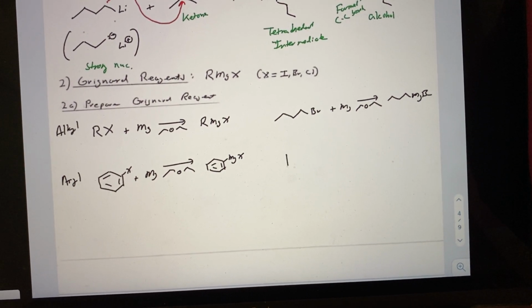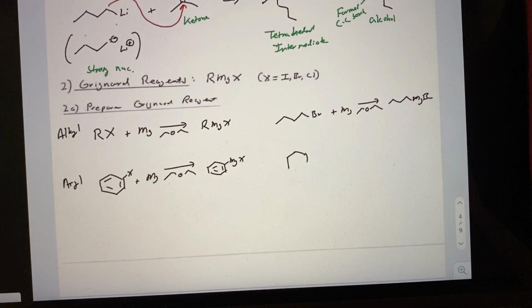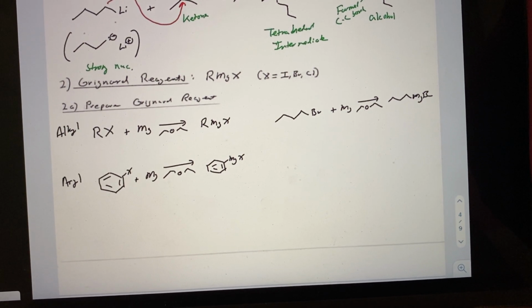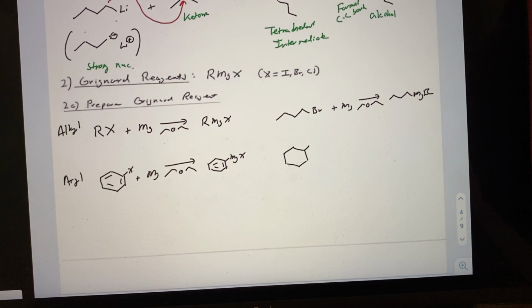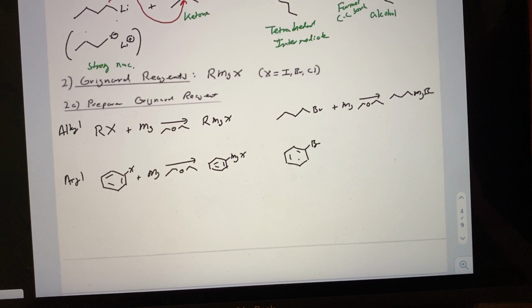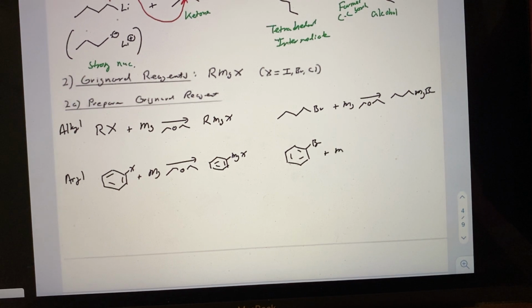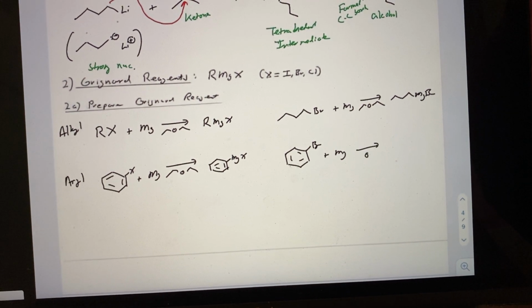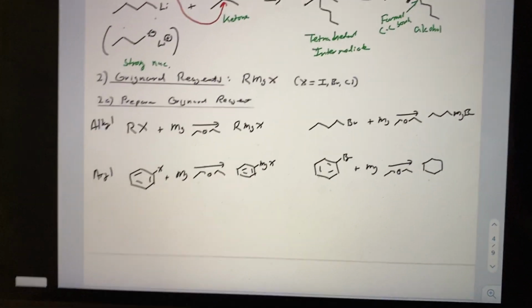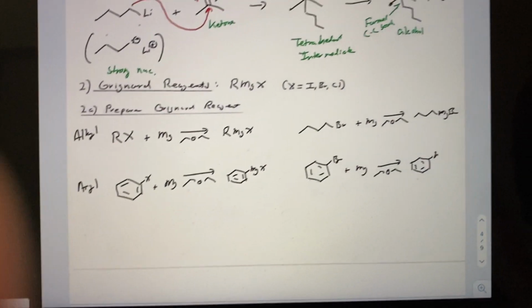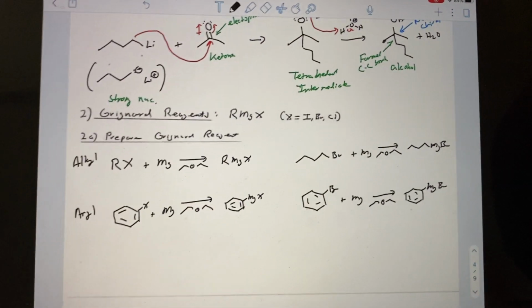So this is a little redundant, but let's now do the same. Try that again. Benzene, like bromobenzene, plus magnesium, and we're going to have our Grignard reagent.